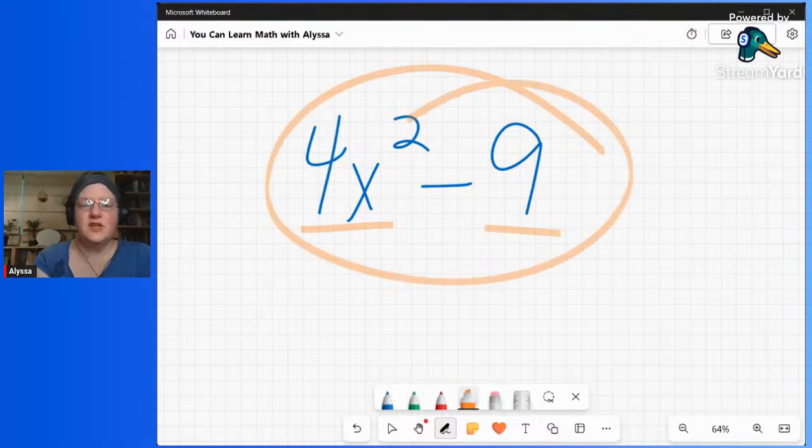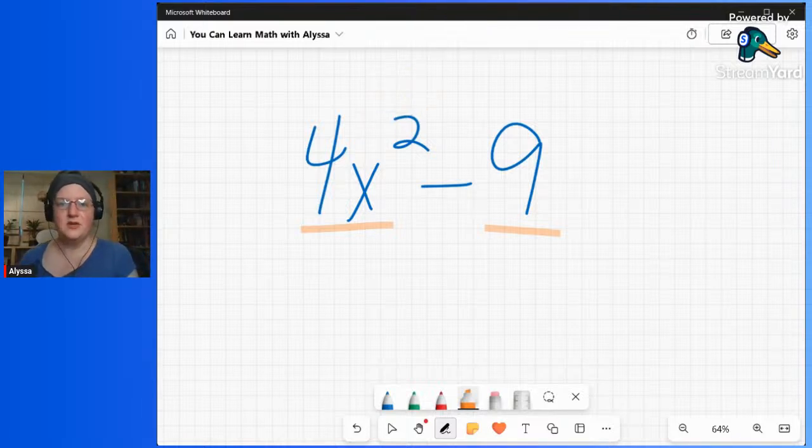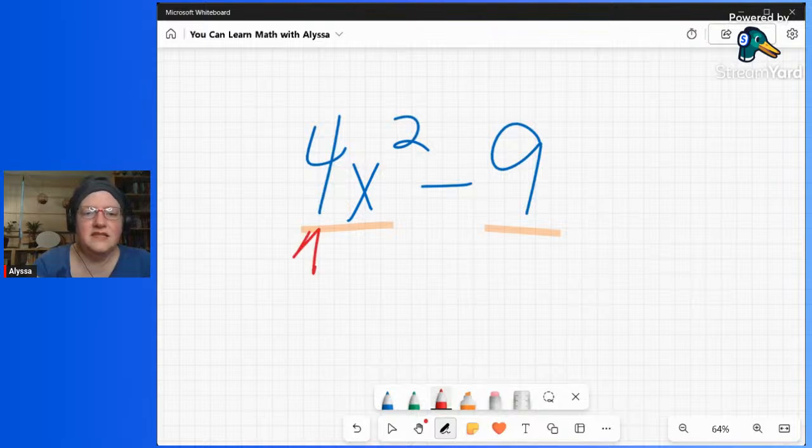Okay. So in this case, it is a square. So we're going to look for a difference of squares. If this had been a cube, we'd be looking for difference of cubes, or we'd be looking for a greatest common factor. Here, there's no greatest common factor. It is a square. Is it a difference of squares? Is this coefficient out here a perfect square? Yes, it is. What is the square root of 4? A 2.